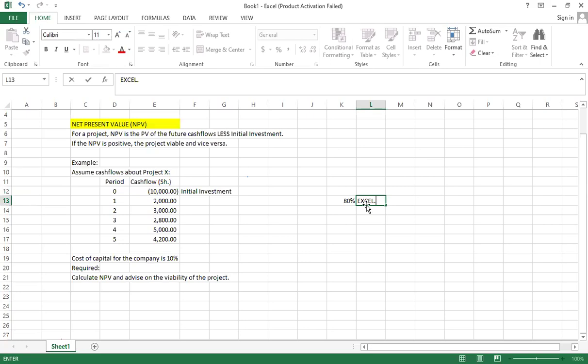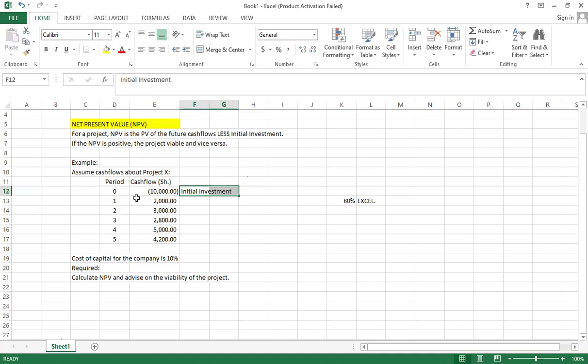The question reads that we assume the below cash flows about project X. We have the periods beginning from period 0. In period 0, the cash flow will be a minus, signaling the initial investment, what you spent initially to start the project.